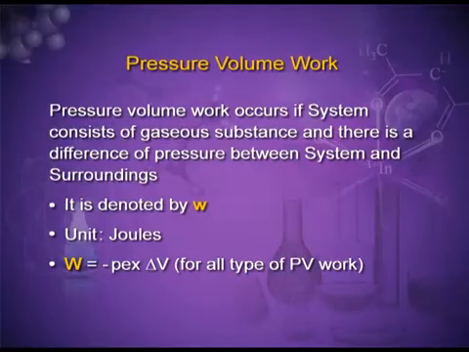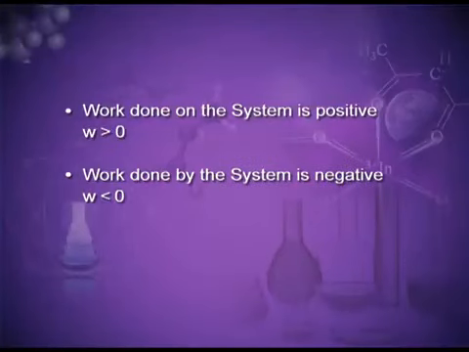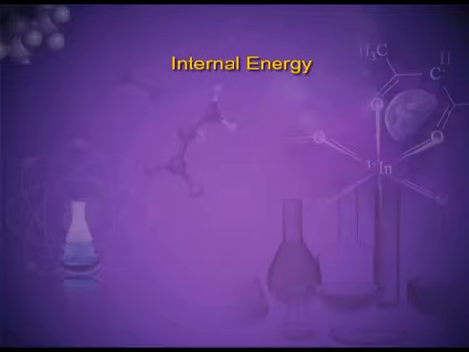Mathematical expression for work is minus P delta V. As per the IUPAC sign convention, work done on the system is positive and work done by the system is taken as negative.